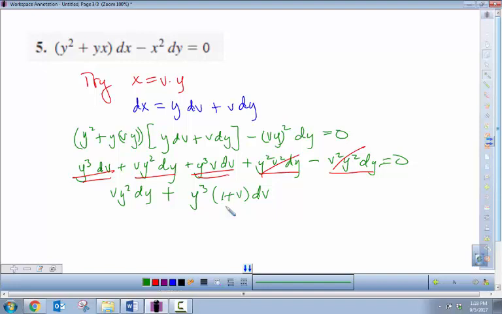All right. So am I doing it right? Does this look okay? Yeah, so it looks like it's still separable. It looks like it would be just as easy. So let's bring the dy's to the other side. So I have 1 plus v over v dv on one side, and then you've got y squared over to the other side divided by y.